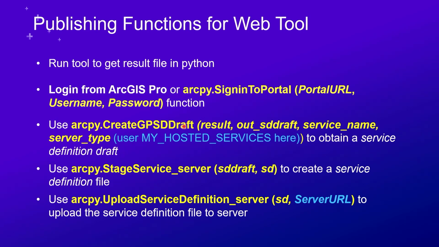With this function, you need to pass 4 required parameters, which are your result file obtained from running the tool, and then the path of your service definition draft. Then you specify your service name and server type. In this case, if you have a web tool, if you log in, the type is my hosted services.